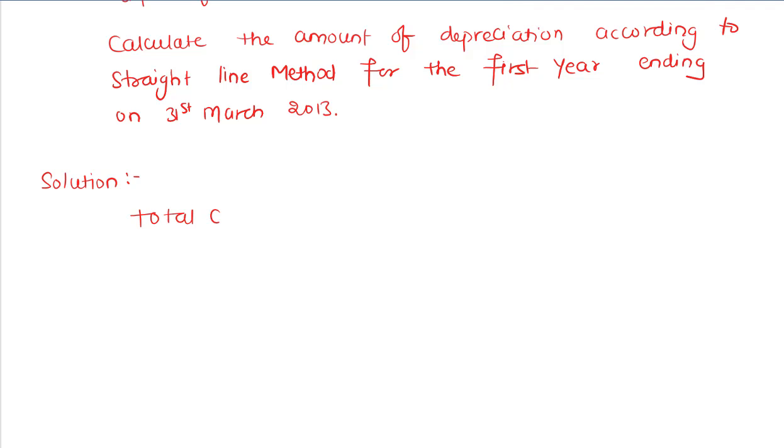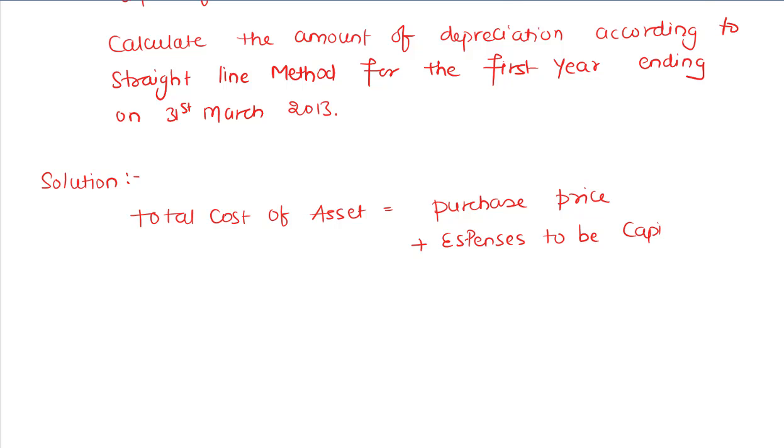So first we will calculate the total cost of the asset. Just write total cost of asset equals purchase price plus expenses to be capitalized.